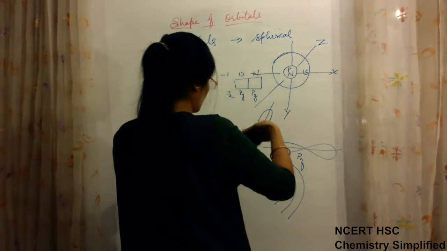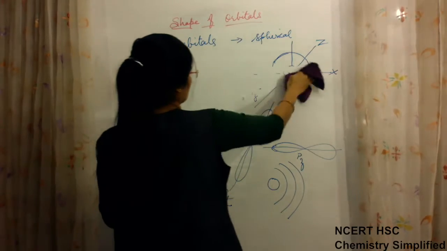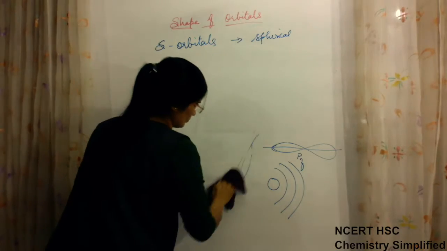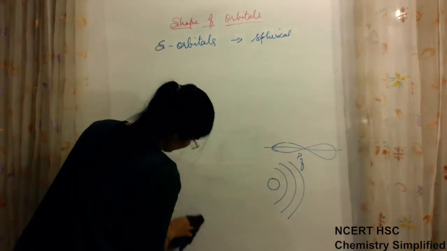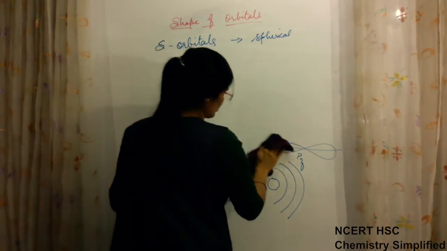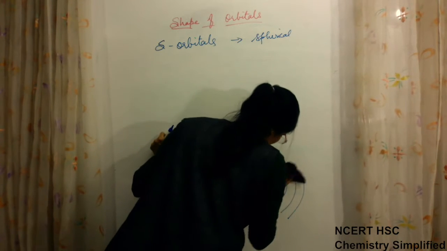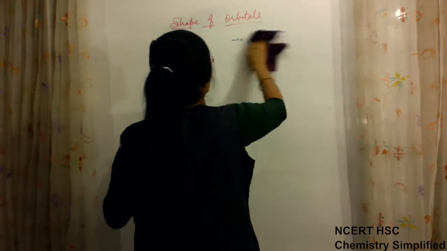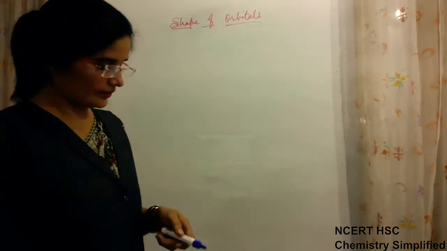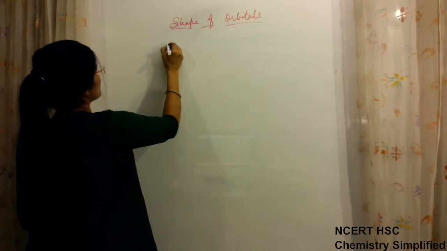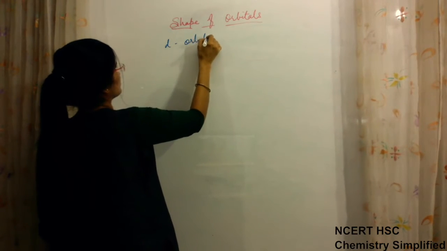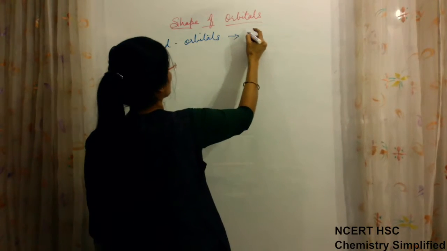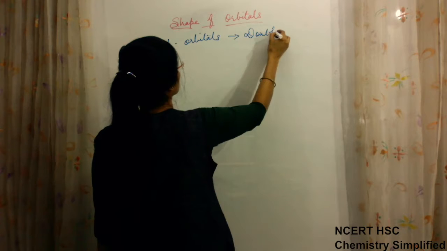Now, the shape of d orbitals. The shape of d orbitals is double dumbbell.